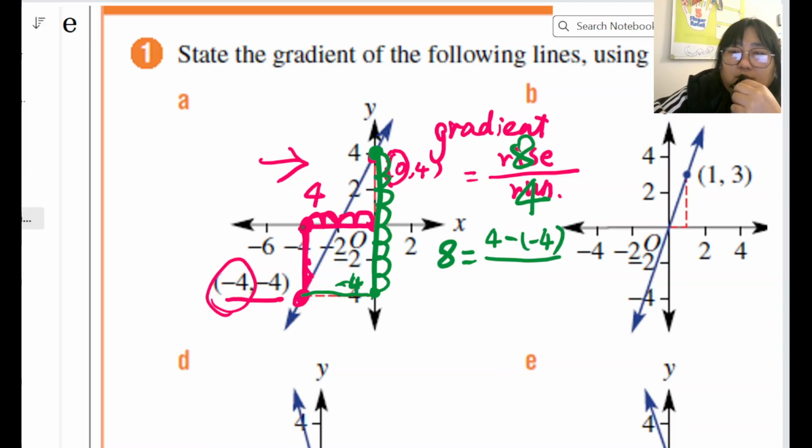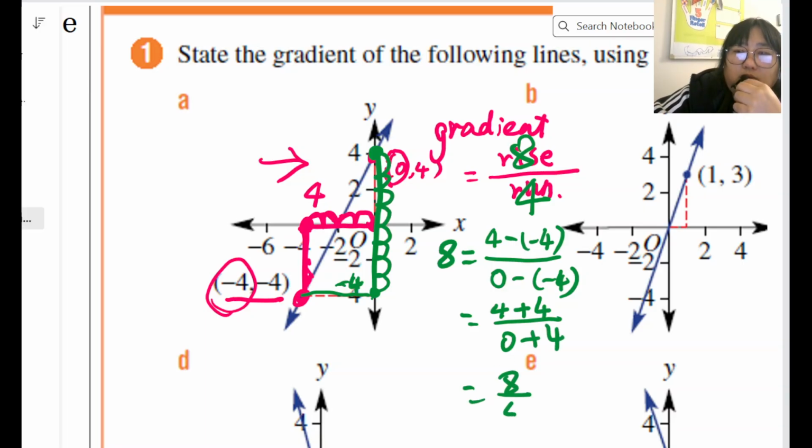For the x value, they start from negative 4 and stop at 0, so I should use 0, take negative 4. So now we check the top: 4 plus 4 and 0 plus 4. So that is 8 over 4, and that's exactly my rise over run.